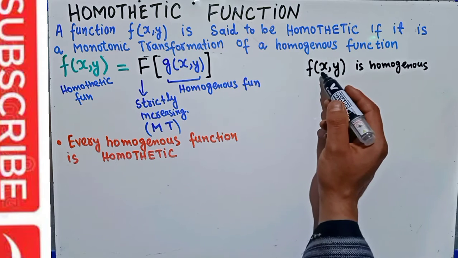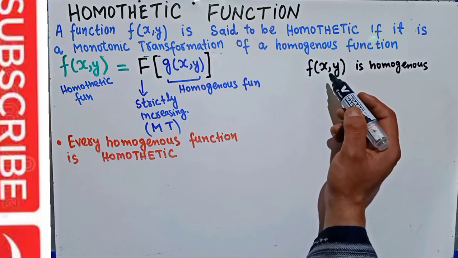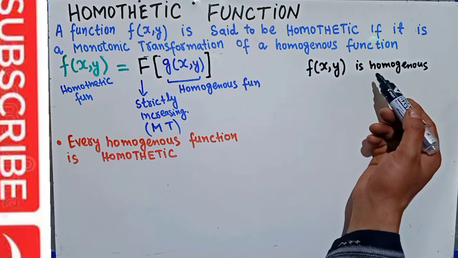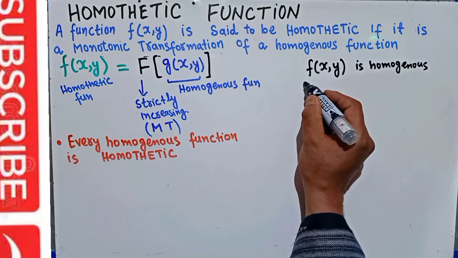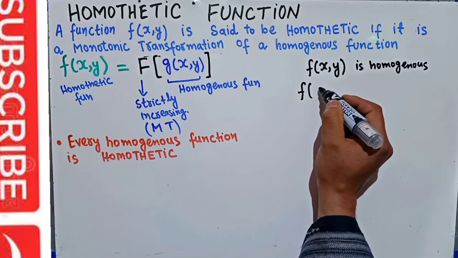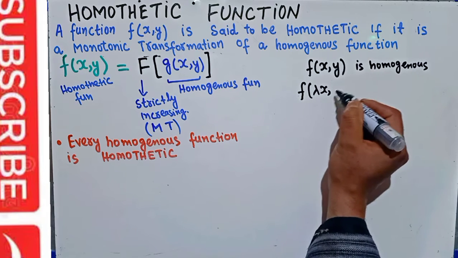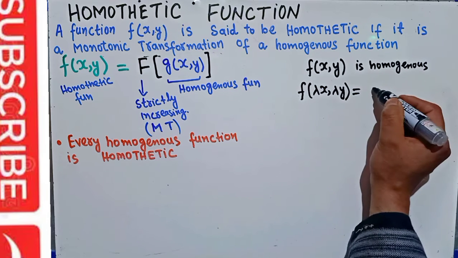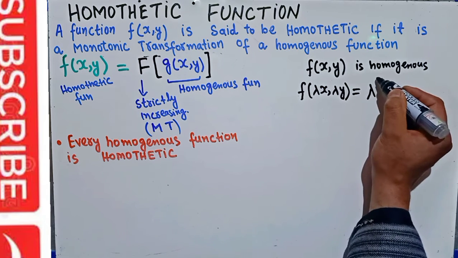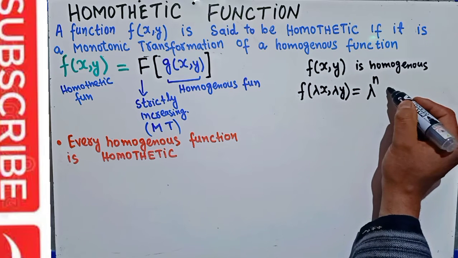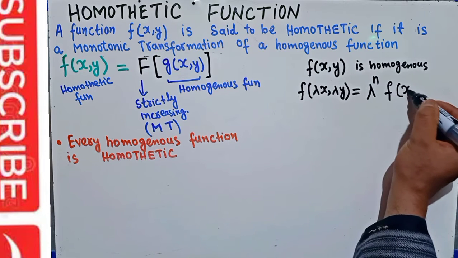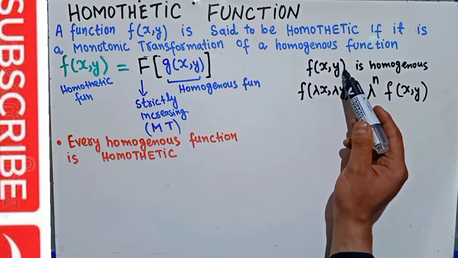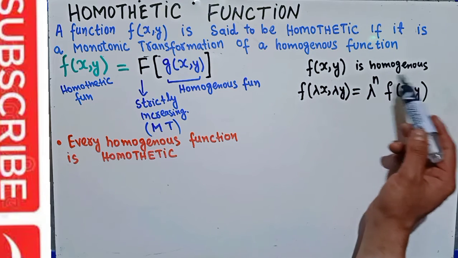If we increase all the inputs, all the variables, by a factor lambda, and let me write it here, f of lambda x, lambda y, and I get the result lambda raised to the power n times f of x, y, then I say f is homogeneous of degree n.